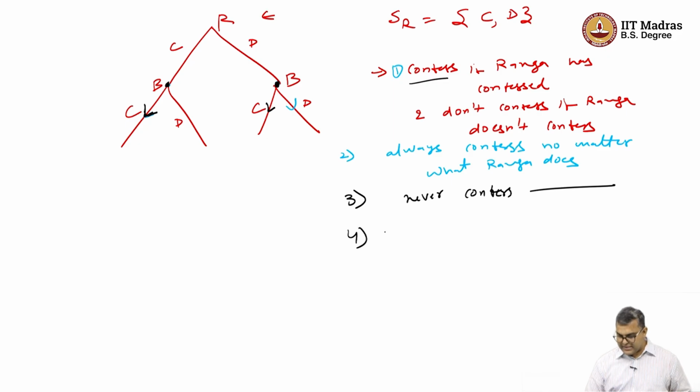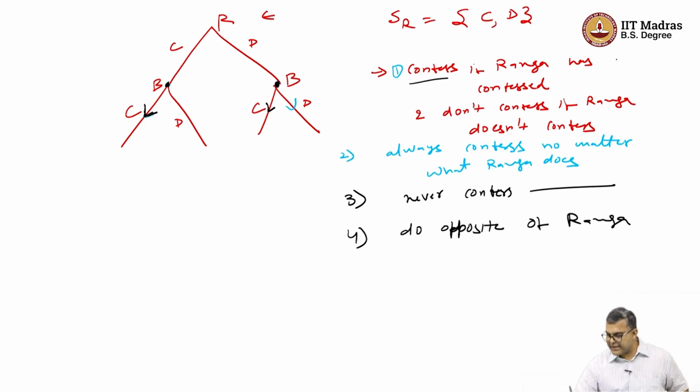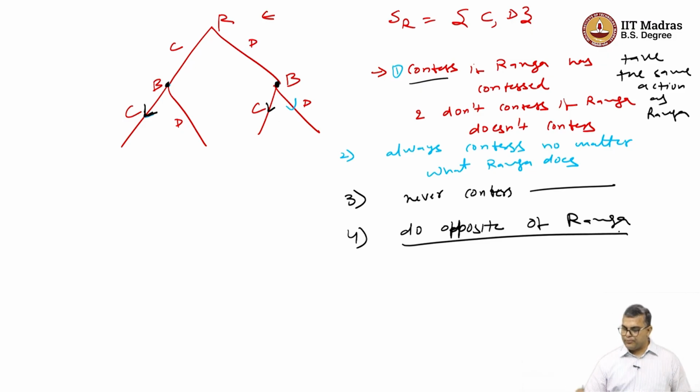And fourth is to do the opposite of Ranga. Here the first one can also be written as: take the same action as Ranga. Here, do the opposite of Ranga.